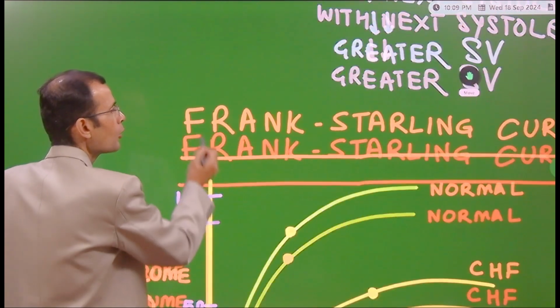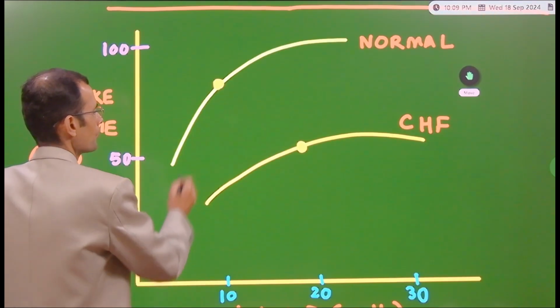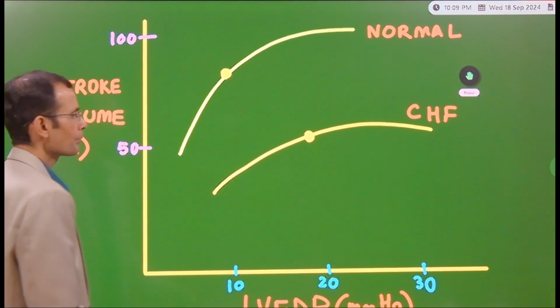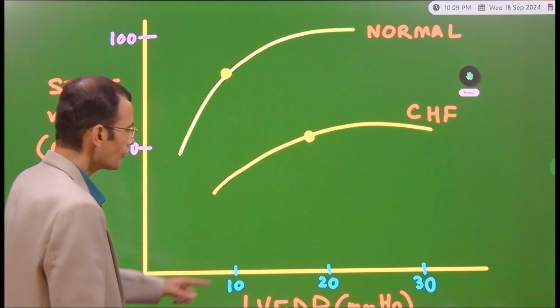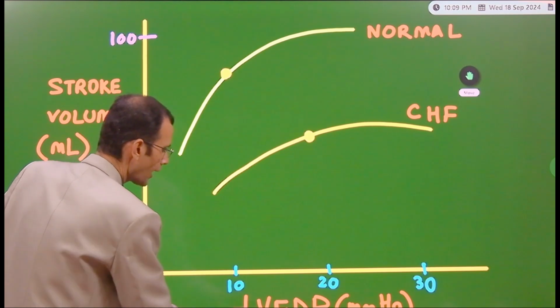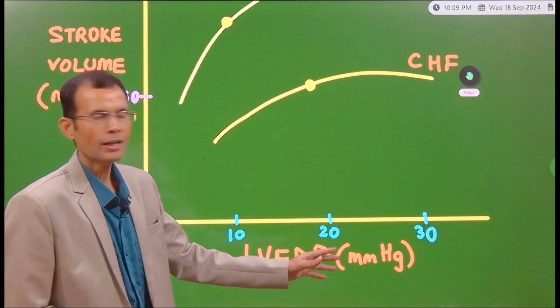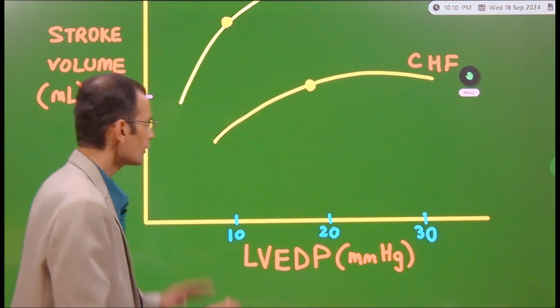With this background, now let us talk about the Frank-Starling curve. What are the units on the horizontal and vertical axis? On the horizontal axis, we have left ventricular end diastolic pressure, LVEDP. I am taking it in mm of Hg. Some people take it in centimeters of water. That's okay.